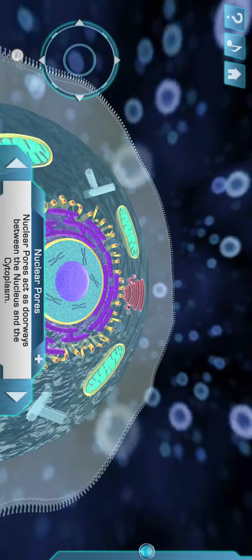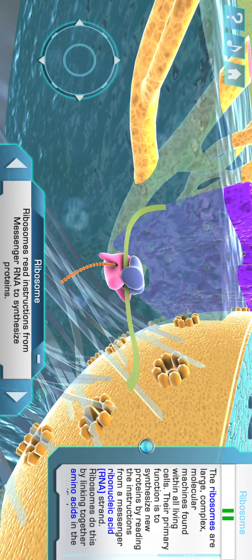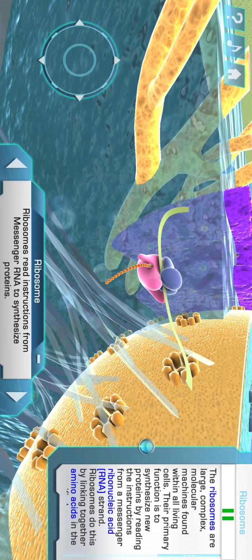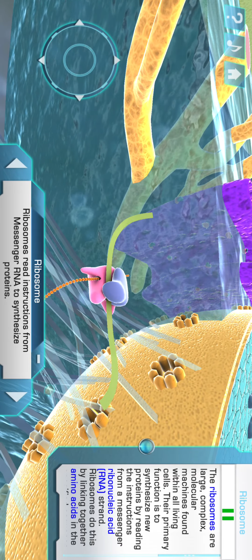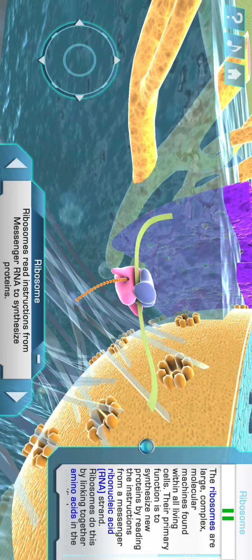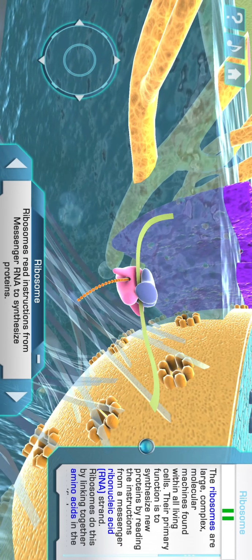Ribosomes are large, complex molecular machines found within all living cells. Their primary function is to synthesize new proteins by reading the instructions from a messenger RNA strand. Ribosomes do this by linking together amino acids in the specified sequence. Ribosomes consist of two subunits, each made up of ribonucleic acid, or RNA, and proteins.